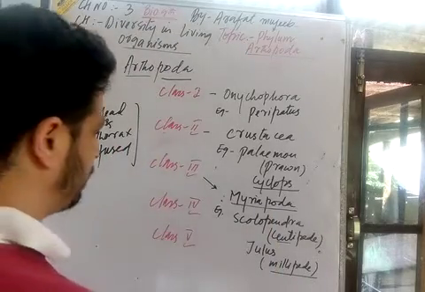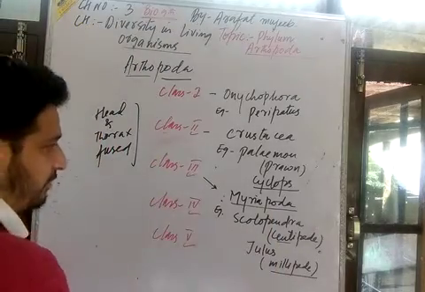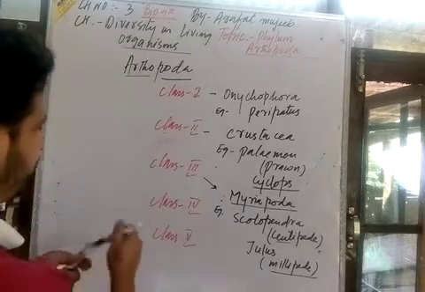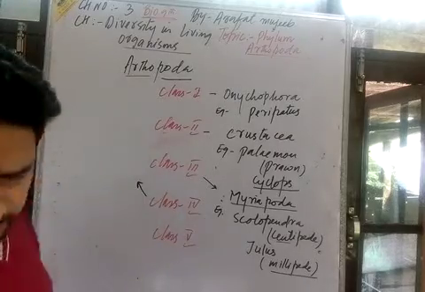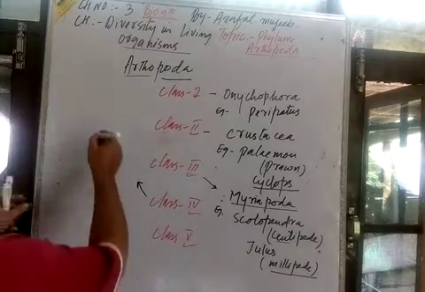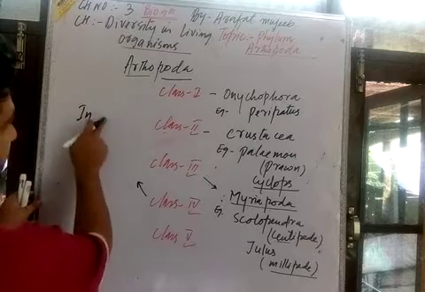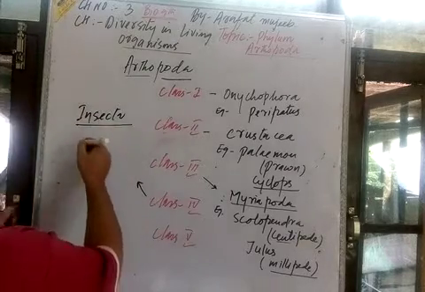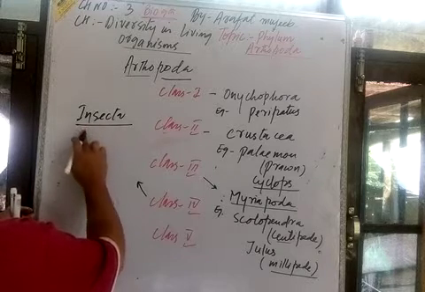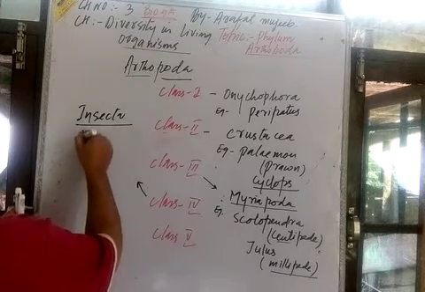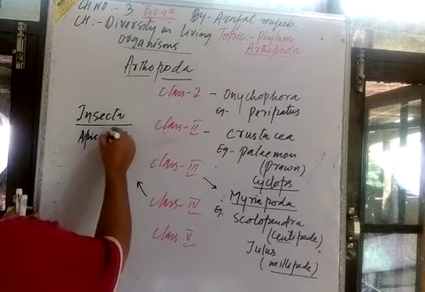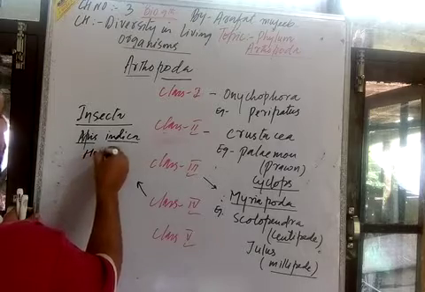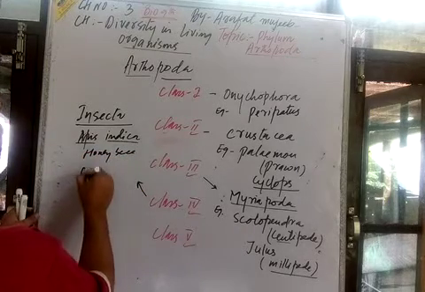Then the class fourth. In class fourth, this is the largest class, Insecta. इसमें आप देखिए spider ये आते हैं, Apis indica, that is a honeybee, that is the Culex mosquito.